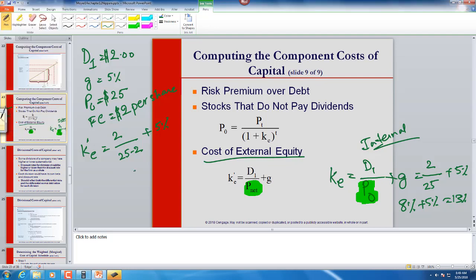So 9% plus 5% is 14%. So because of flotation cost, don't forget this. See, that's simple.